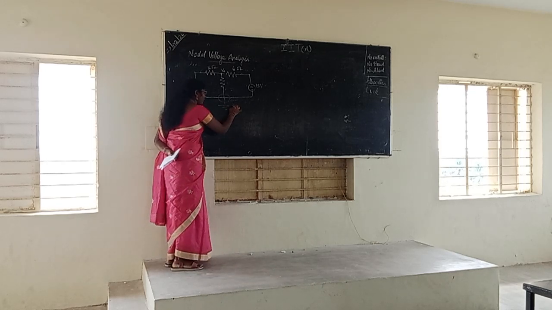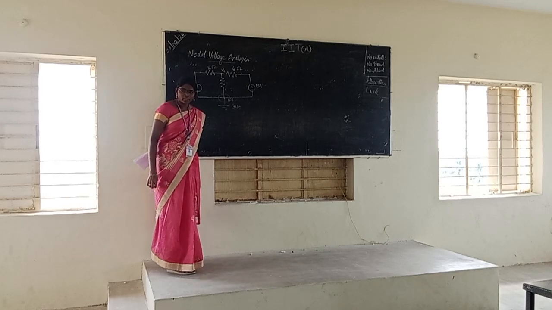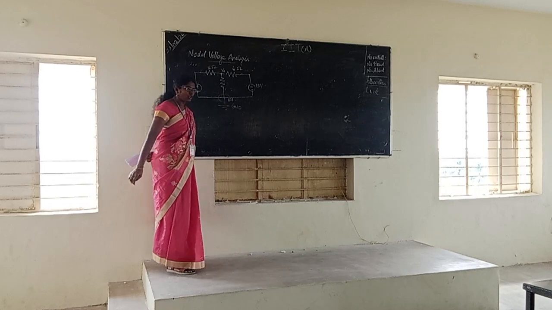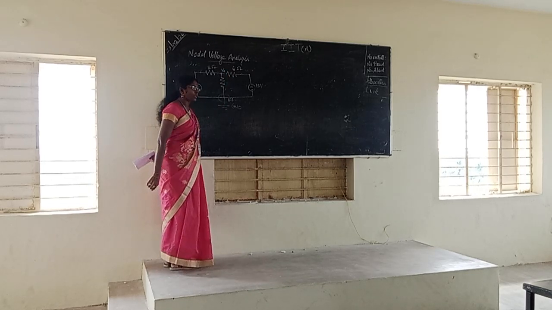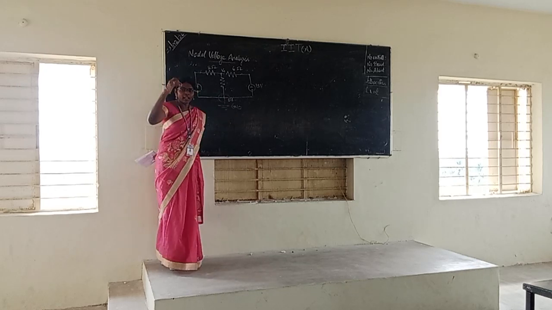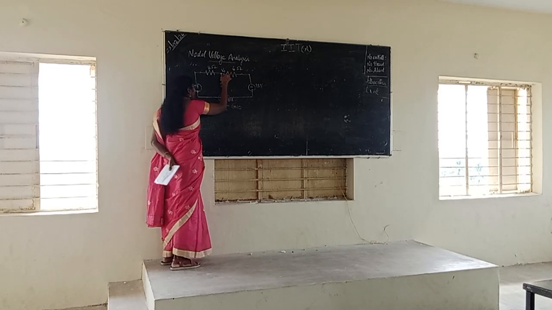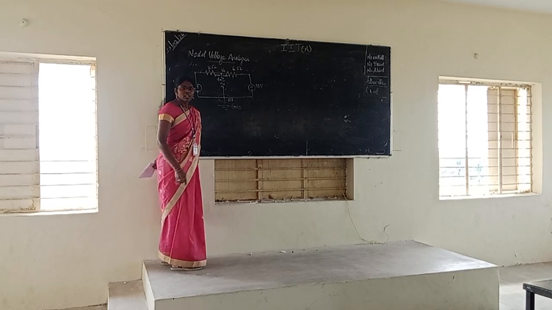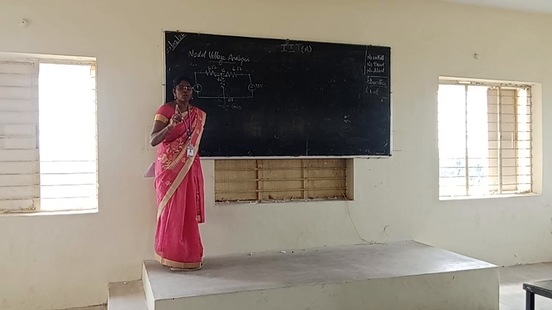If any terminal is connected to the ground, the voltage there will be 0 volt. From that reference node, the current will leave, since it goes to ground. So we are assuming that all the currents will leave from this particular node. This is all your assumption, and by this only we are going to solve this circuit.